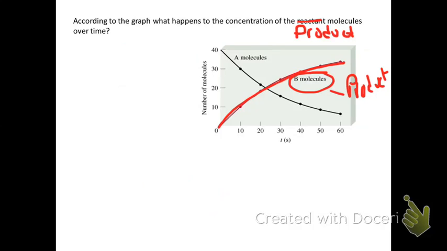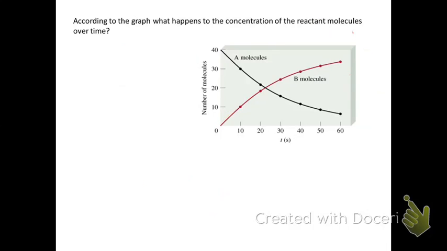increase over time. Alright, but let's take a closer look at a few things about this graph and see what we notice. Alright, now if you look at the reactant concentration, it decreases, but eventually it starts leveling out.